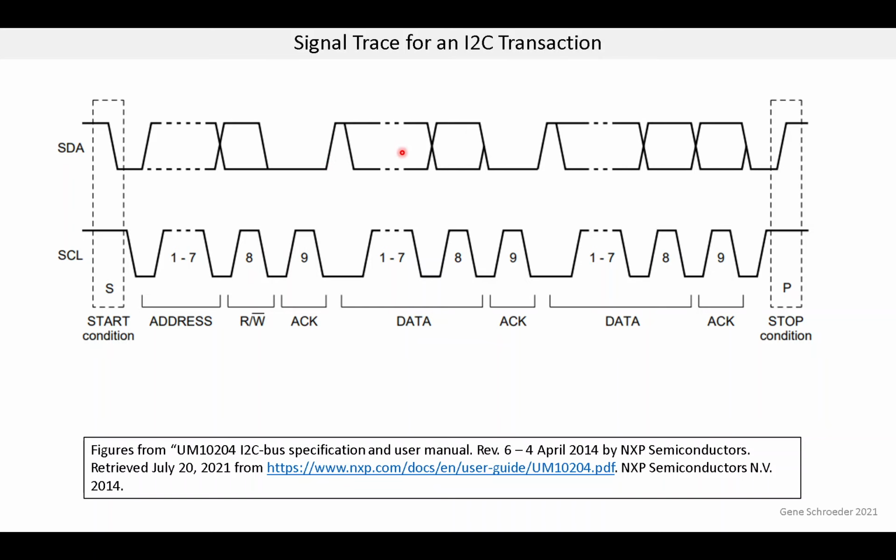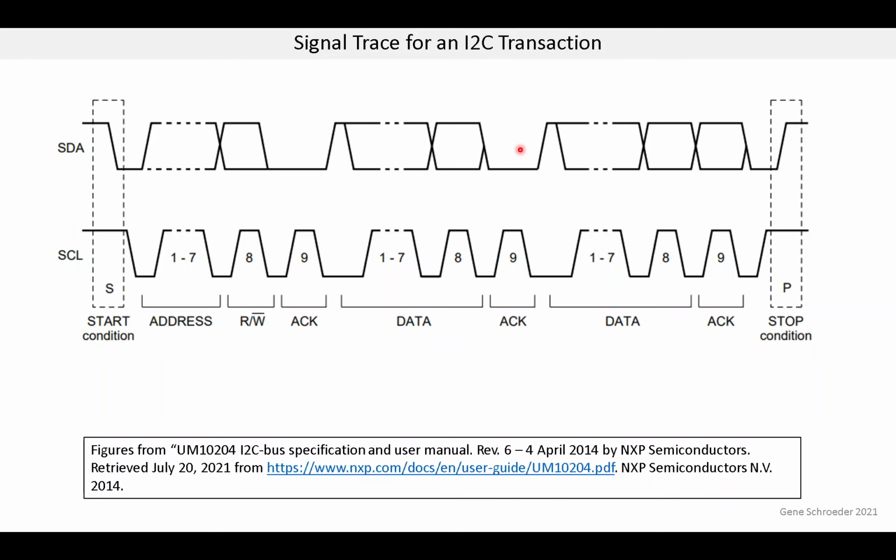Depending on whether it's a read or a write, either the master or the slave will be putting its bits on the SDA signal. And whether it's a read or a write will determine whether the master or the slave is the one sending the ACK signal here. So this is how the bus works. Once you get the idea, it isn't hard. And we'll be looking at more of these diagrams on a logic analyzer in a following lesson.